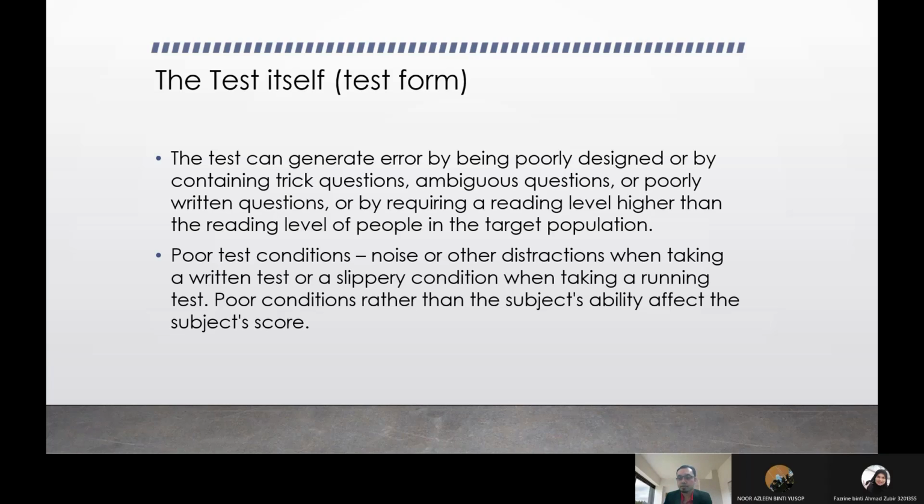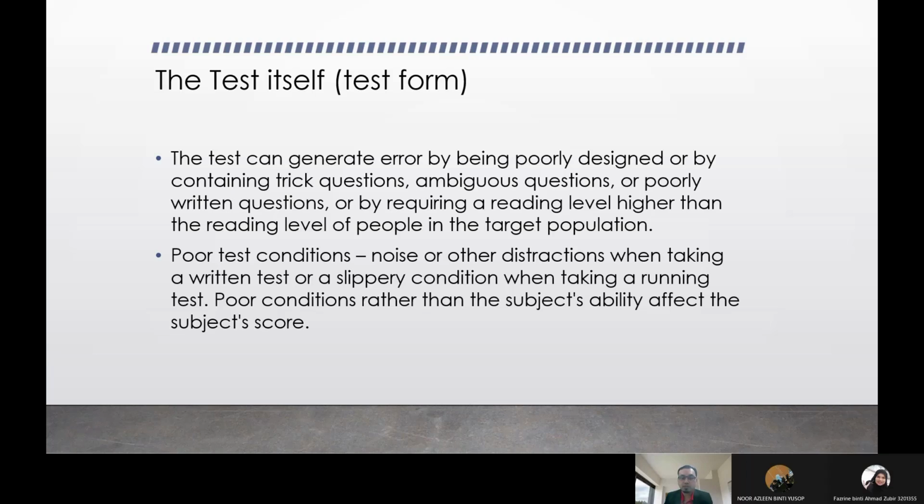Sometimes as researchers, when we want to develop a questionnaire, we tend to be too ambitious towards our research purpose until we forget the level of education and socio-economic factors when designing our items. So that's why it is important to make sure that the items are designed appropriately.